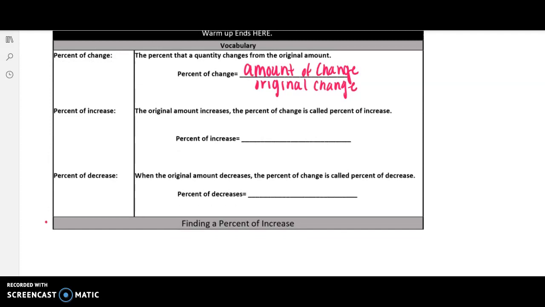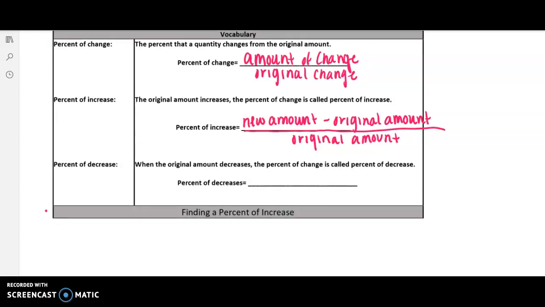So percent of increase is our new amount minus our old amount, divided by our old amount. Percent of decrease is when the original amount decreases. The percent of change is called the percent of decrease. And so this is the old amount minus the new amount, all divided by the old amount.